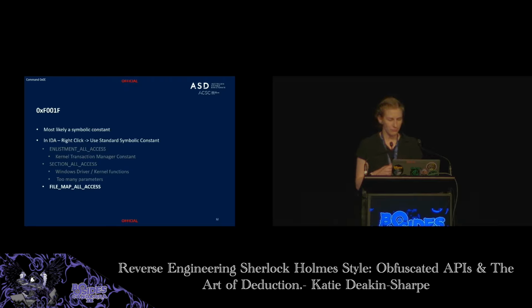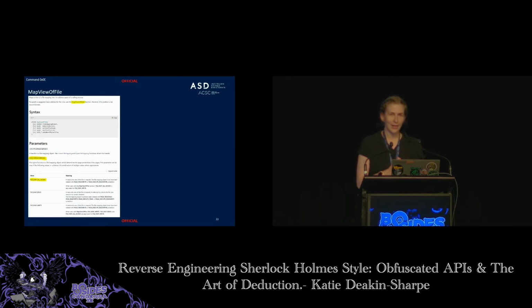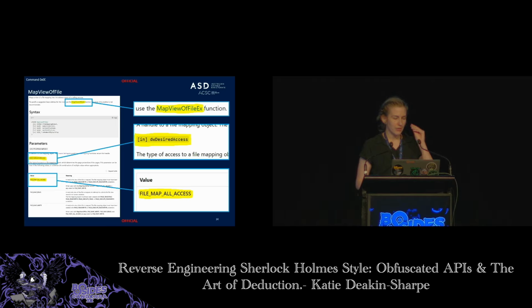I took that constant, I threw it into my favorite reverse engineering tool, Google, and I ended up on the documentation page for MapViewOfFile. On this page, I could see this dwDesiredAccess parameter, which has as one of its allowed values, this FILE_MAP_ALL_ACCESS constant.